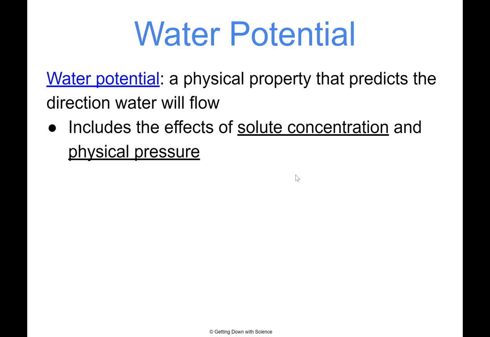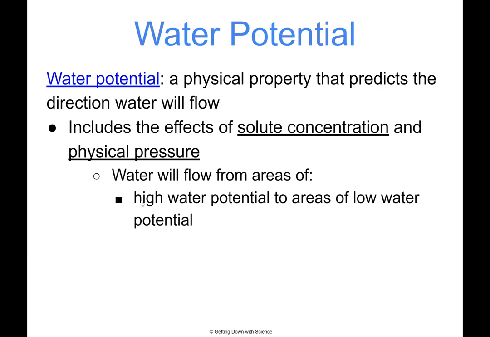Okay, so what we're going to find is this is going to include the effects of the solute concentration, so how many of the particles there are, and the physical pressure of these organisms. Okay, so water is going to flow from areas of what we call high water potential to areas of low water potential.